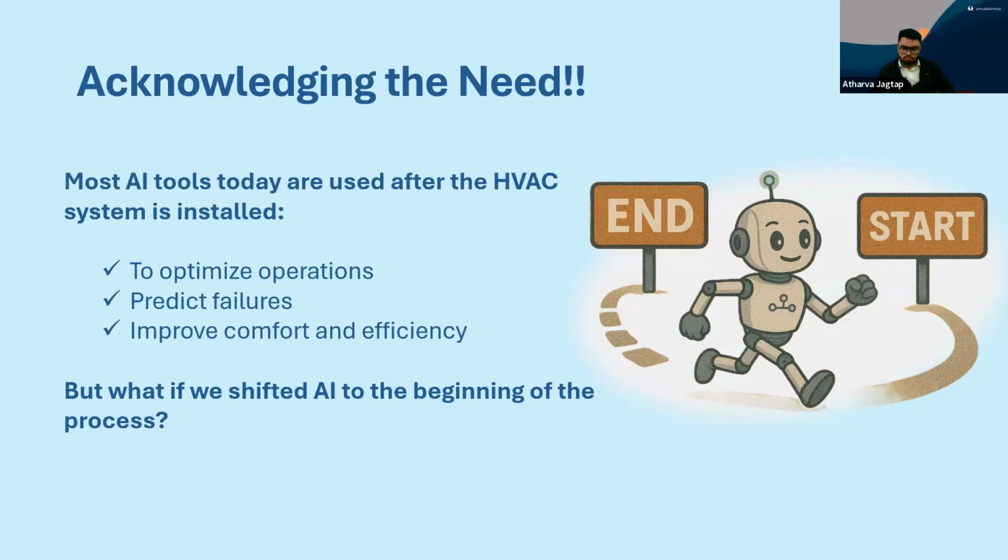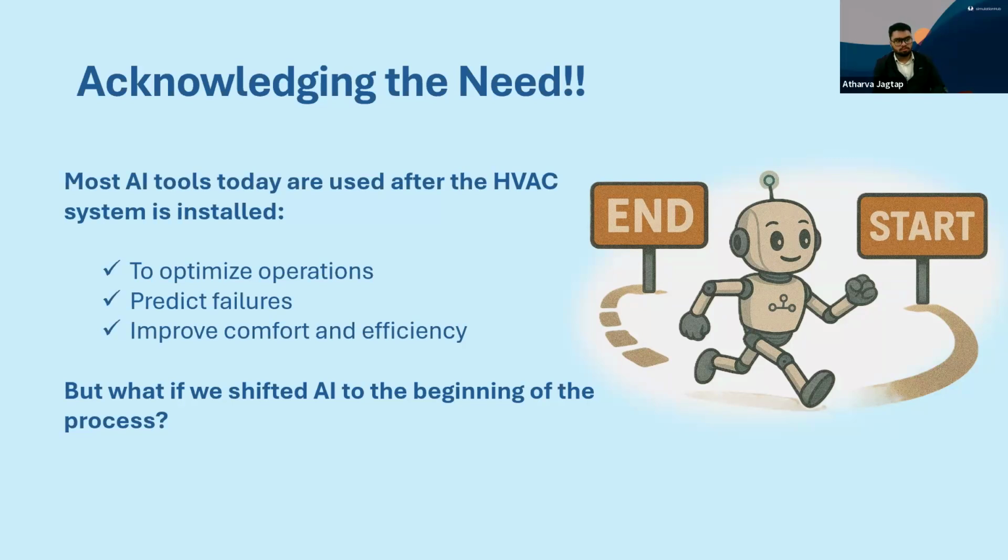So what is the need of AI tools here? Till now we have used most of the AI tools in HVAC systems to optimize operations, to predict failures, and to improve comfort and efficiency. But suppose we have designed a building and the whole building architecture has been done.